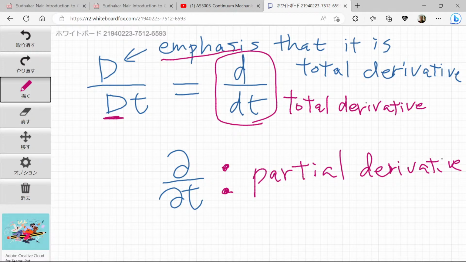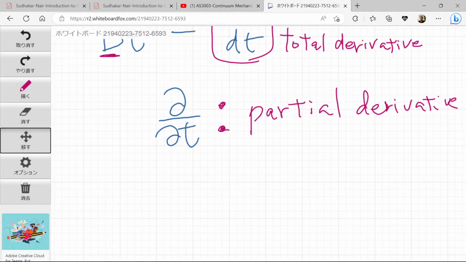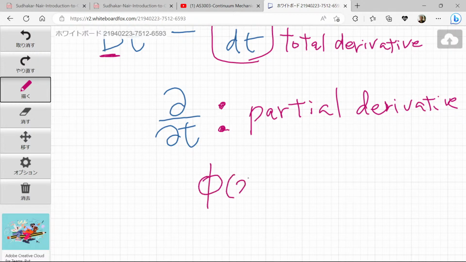Actually, one example. If you want to do total or partial differentiation of this function of x and t, and x is also a function of t, then the total derivative is like this, right?